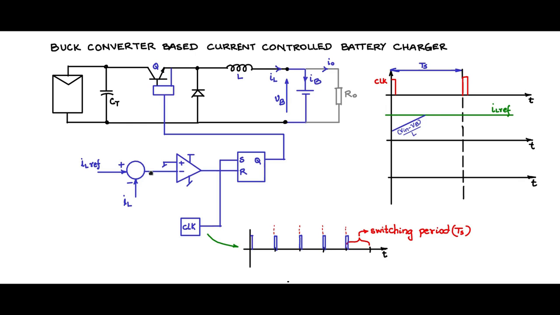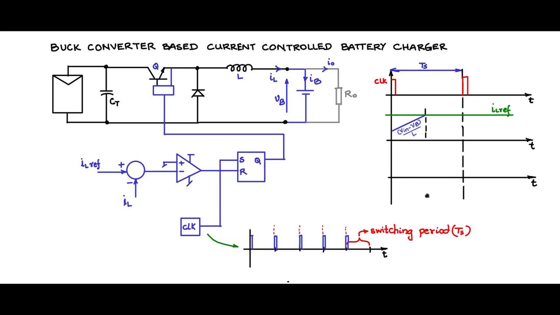So the output of the algebraic summer becomes negative, and this becomes positive. Reset becomes positive, and therefore Q will reset and go low. The moment Q goes low, there is no drive for this power semiconductor switch. It will switch off, and the inductor will start freewheeling and the current will start falling.